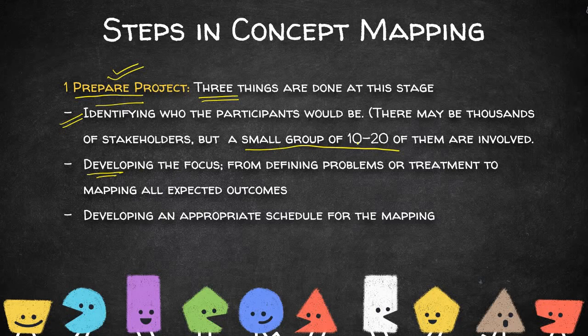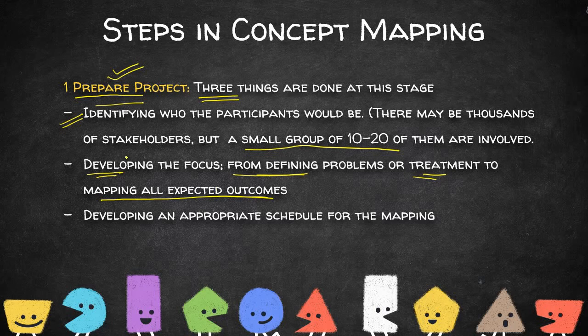So these 10 to 20 people would try to arrive at what is the problem. They could be defining a problem, or maybe the treatment or procedure, or they might be mapping all the expected outcomes of a given program or intervention.